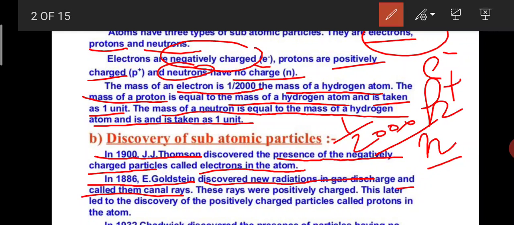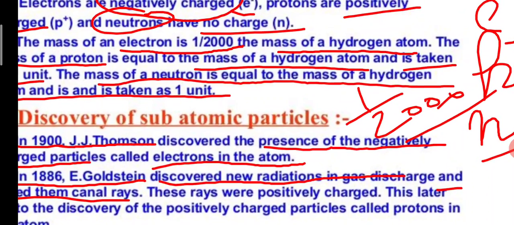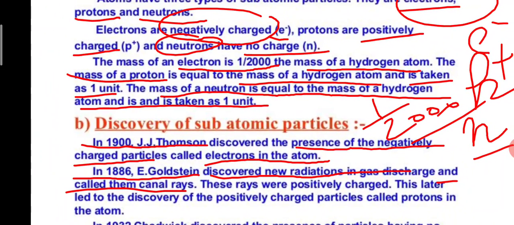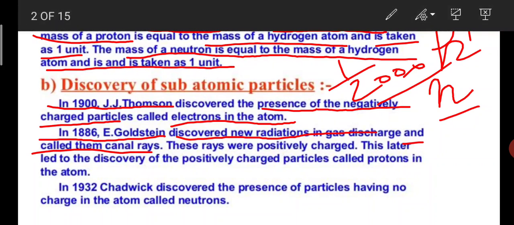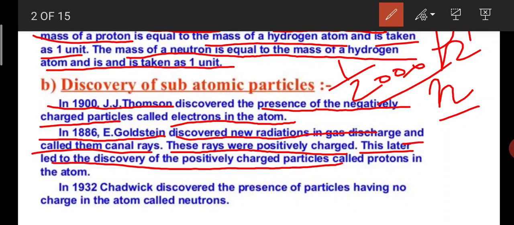E. Goldstein discovered a new radiation in gas discharge, called canal rays. These rays were positively charged, and this later led to the discovery of the positively charged particle called the proton in the atom.